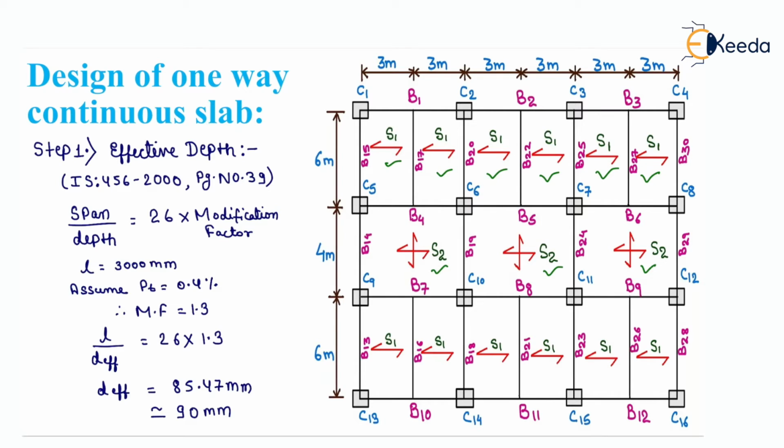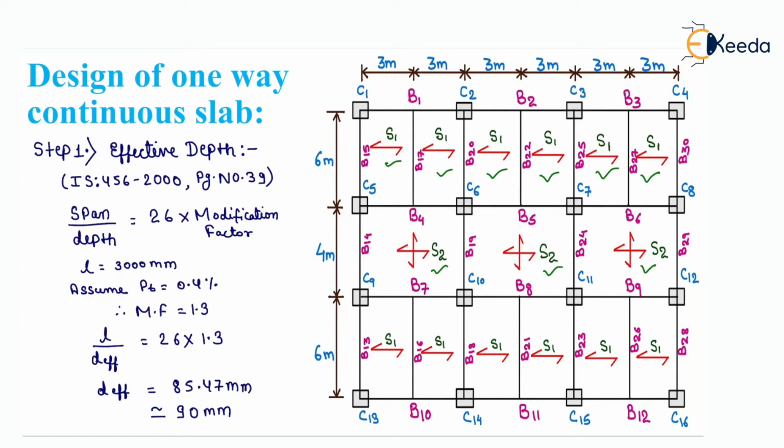Modification factor is assumed 1.3 if it is not given in the question, for percentage of reinforcement 0.4%. Therefore, L upon D effective equals 26 into 1.3. Here, L is always taken as the shorter span of the one-way slab.